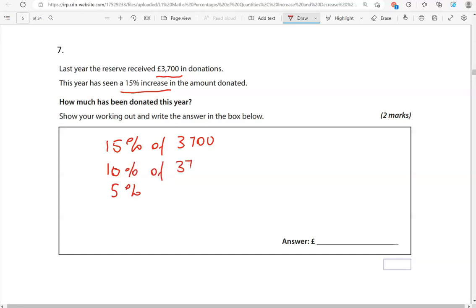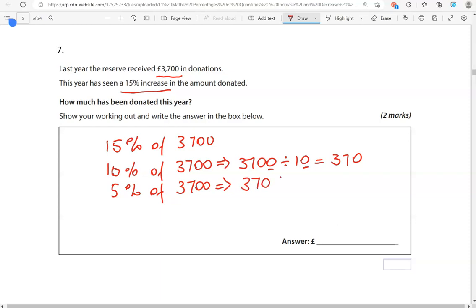10% of 3,700 can be worked out by doing 3,700 divided by 10. As it ends in 0, we can knock off a 0 and make this 370. 5% of 3,700 is equal to half of 370.